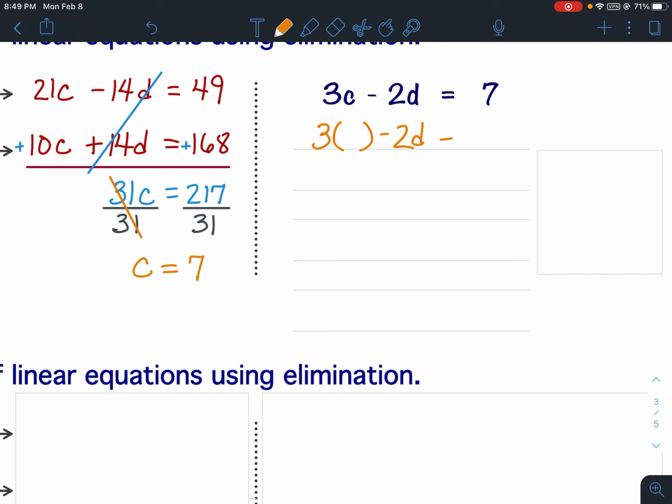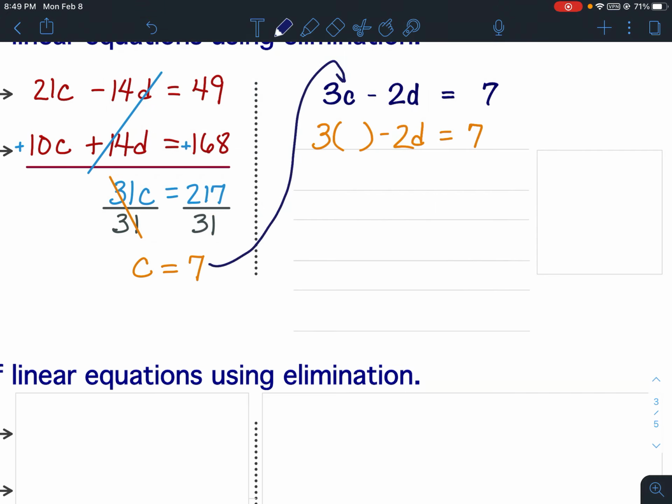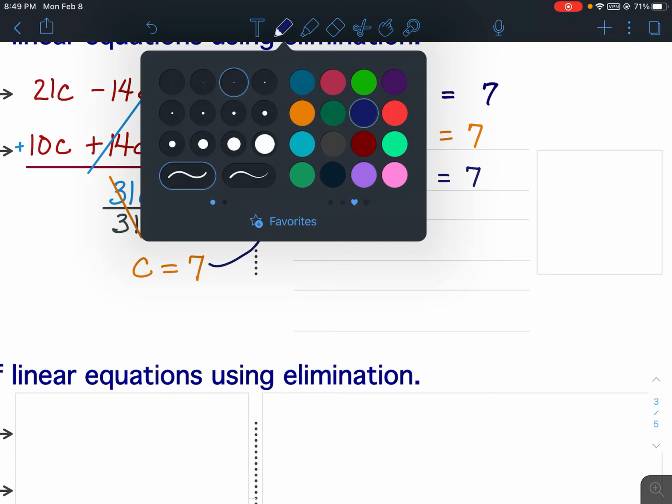Bring the rest of the equation down, and the 7 will replace the c. Multiplication first. 3 times 7 is 21. Bring down the negative 2d, bring down the 7.